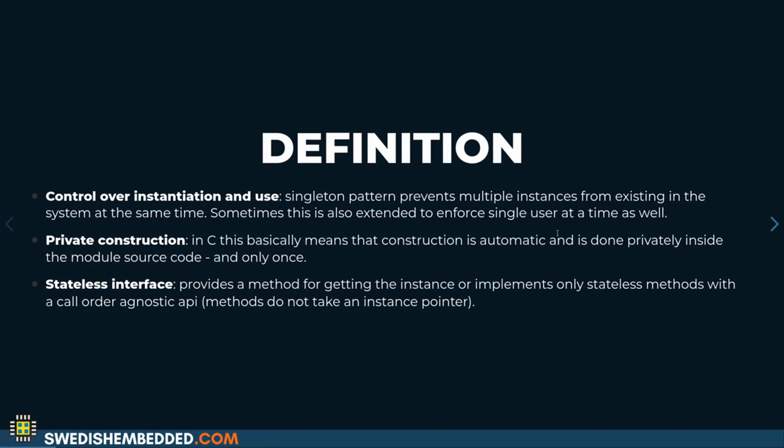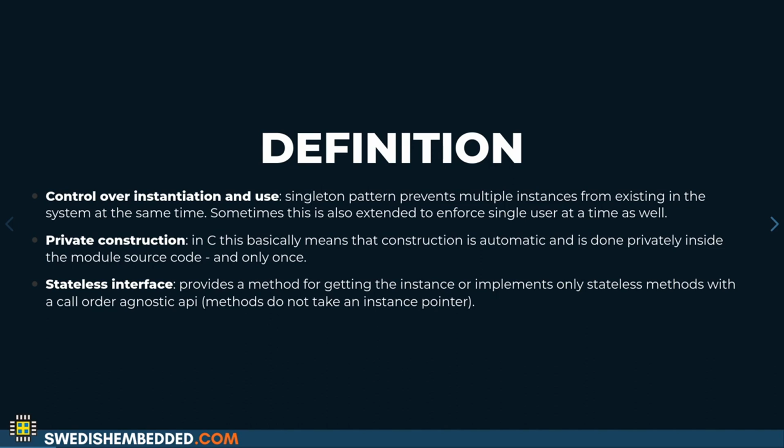There are three defining factors for the Singleton pattern. Number one is that you have control over the instantiation and use of this object. So the Singleton pattern typically creates an instance in private inside the C module and then allows other systems to share that instance.